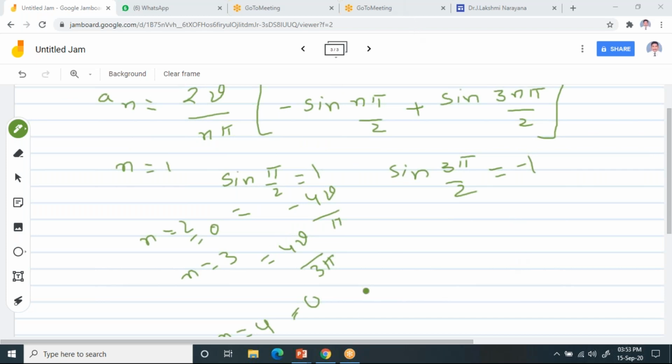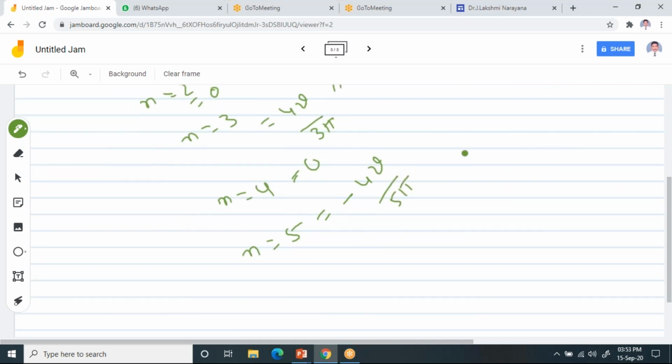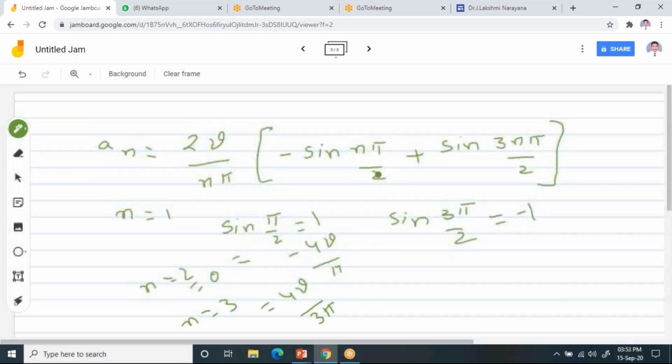Okay, you please try it. I'll give the answer. When n equal to 5, you will get minus 4v by 5 pi. So please try to understand.